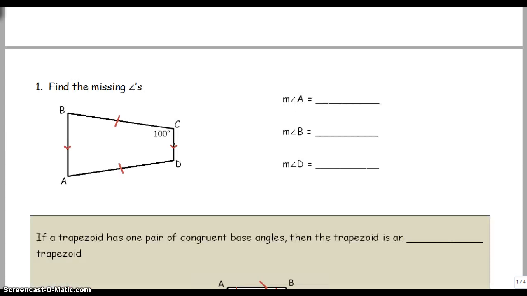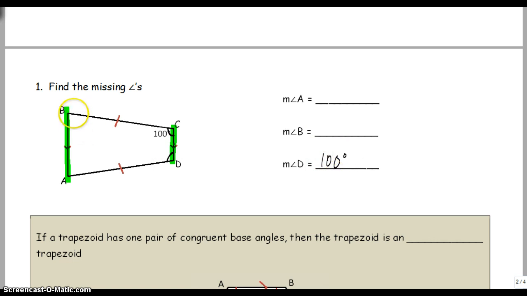Here's an example. It says find the missing angles. Notice here we have an isosceles trapezoid where the bases are BA and CD. It's just kind of flipped. Since this is an isosceles trapezoid, we know angle C is congruent to angle D. Therefore, angle D has a measure of 100 degrees.